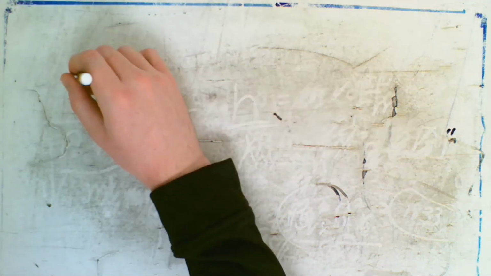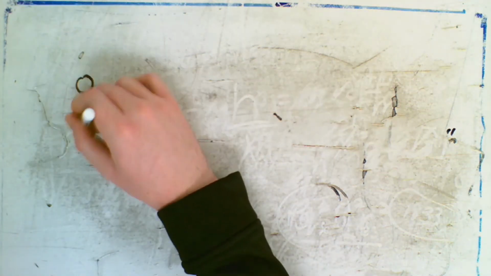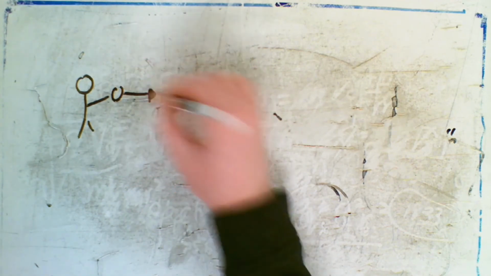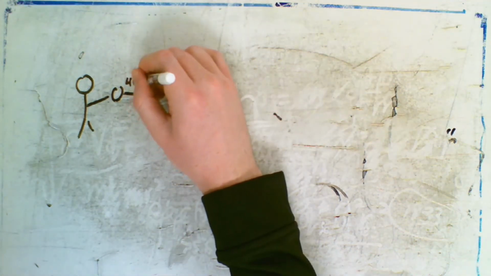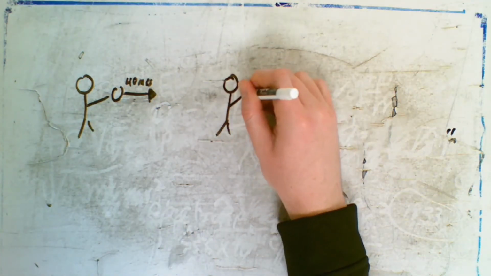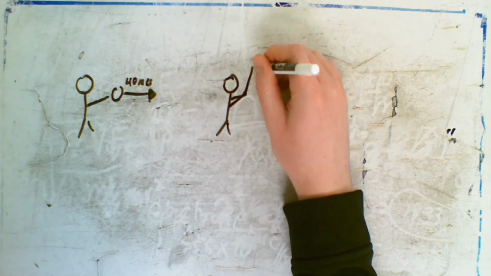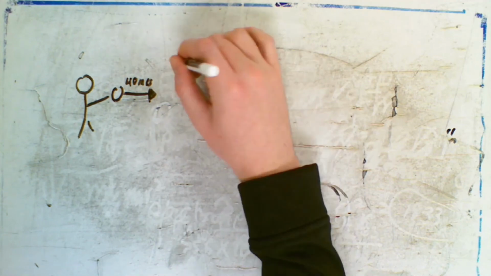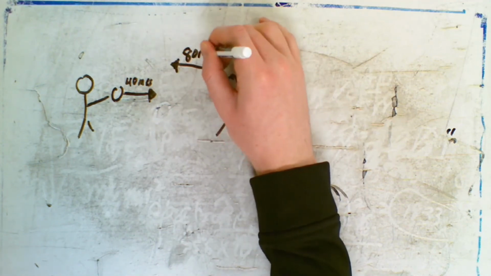So we have our pitcher, who's throwing the ball, and initially the ball is going 40 meters per second. There's a batter who hits it back. So there's a bat, and then he hits it back at 80 meters per second.